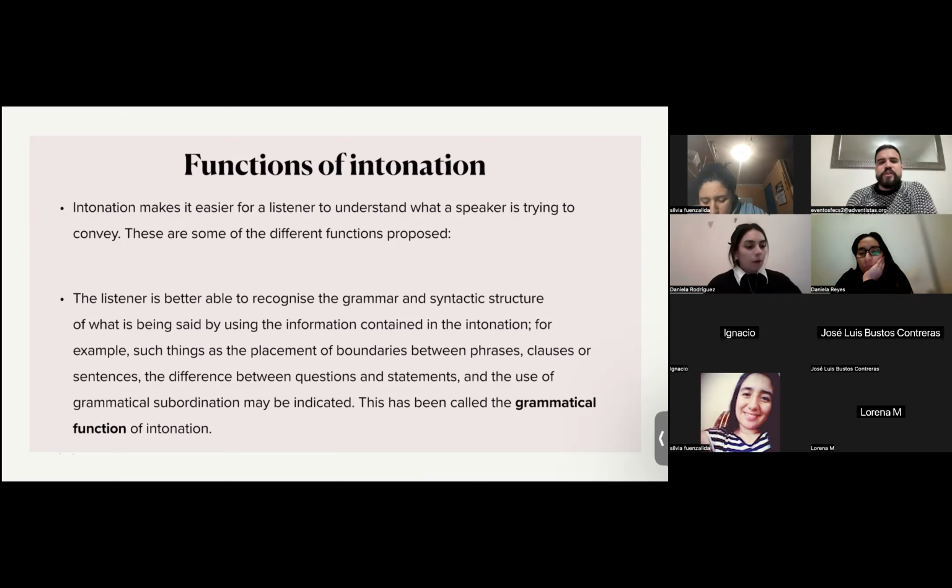So by using the information contained in the intonation, for example, such things as the placement of boundaries between phrases, clauses, or sentences. Phrases are smaller, clauses a little bit bigger, and sentences. A sentence is the mixture of clauses.